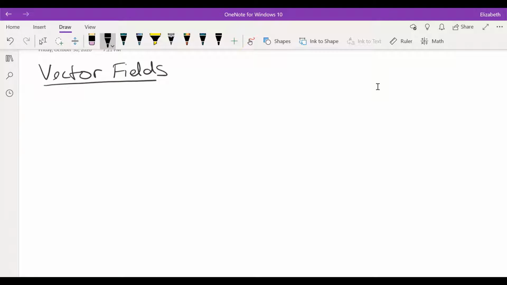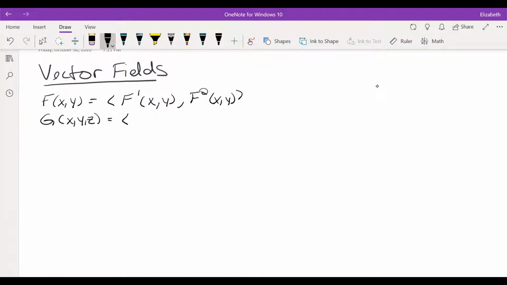And we can do this in the 2D case, which might look a little bit like this. F of xy equal to some vector that also has two functions as its components. So say f1, that is a 1, not like a prime or something like that, xy, and then f2 xy. Or we can also have the 3D case where we take a 3D point and plug it into a 3D function.